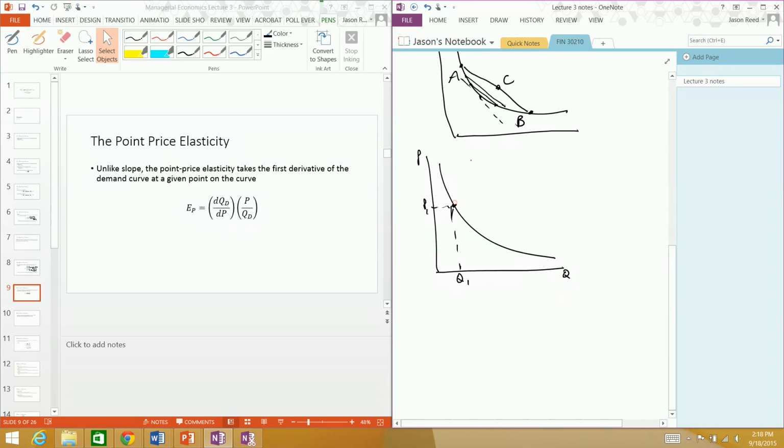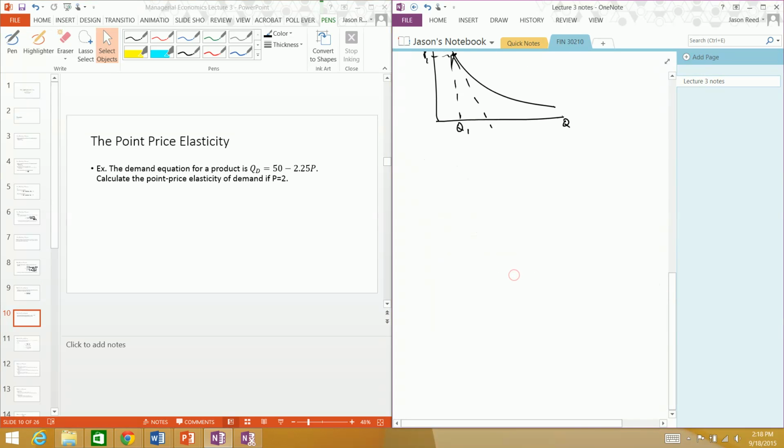And then we're looking at the slope at that very specific point, right? And then we're multiplying it by this relationship. And so we're going to get a much more robust outcome, something that's much easier to handle, because it'll be able to work with all different demand curves here.